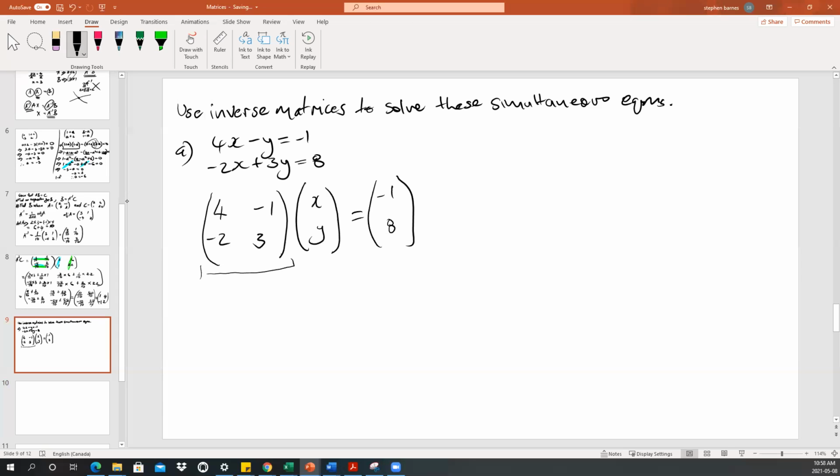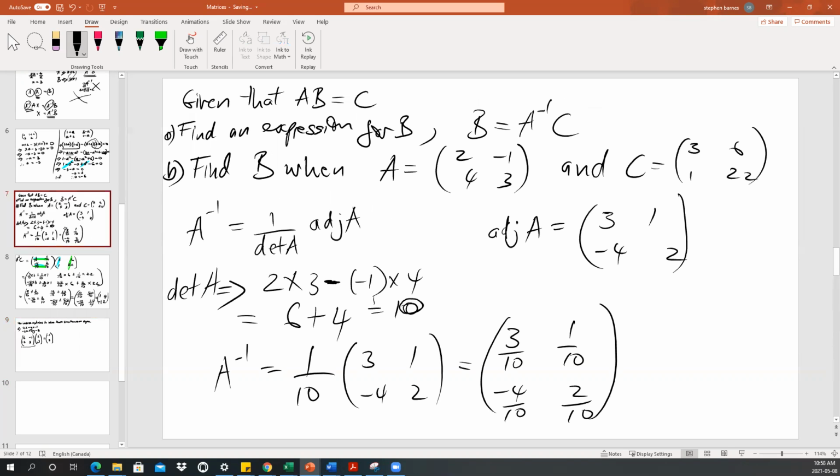the inverse. And if you recall from last week's class, the inverse is given by this, where it's 1 over the determinant multiplied by the adjoint. And we went through everything in that lesson, right? We said the determinant is the difference between the products of this diagonal and this diagonal.